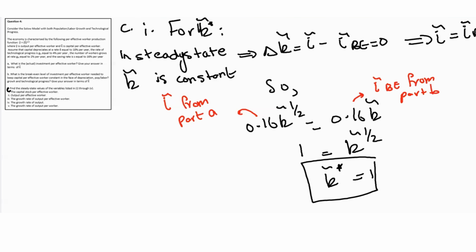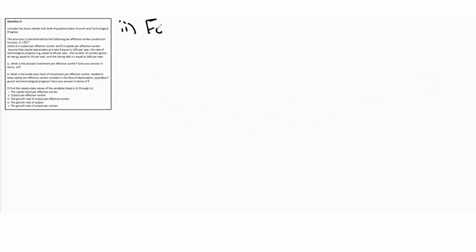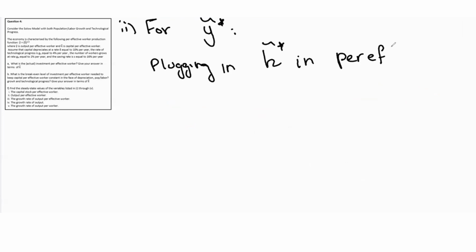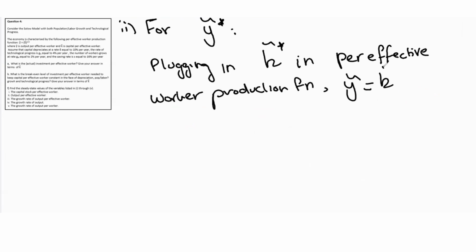Now let's do the same for the steady state value of output per effective worker. So the second part is we want to find what y tilde star is, right? For this, we'll just plug in k tilde star, the steady state value of capital per effective worker, into the per effective worker production function, which is given to us as y tilde is equal to k tilde power 1 by 2, it's given over here, right?